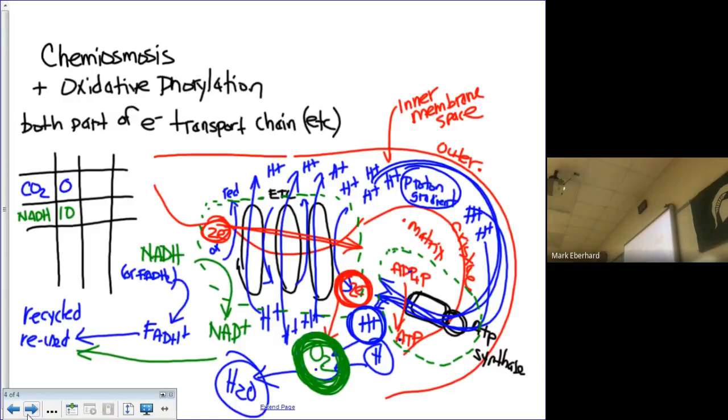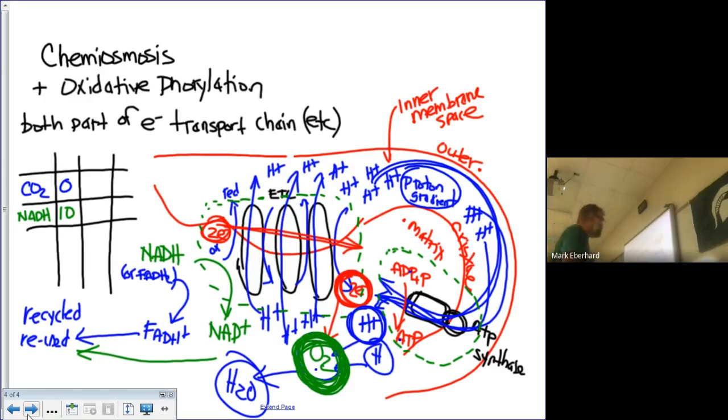Turns out for every NADH, those electrons carry enough energy to drive the production of 3 ATP molecules on average. There's enough energy in the electrons for each NADH molecule to drive the production of approximately 3 ATPs. So I'm going to keep track of ATP production right here.